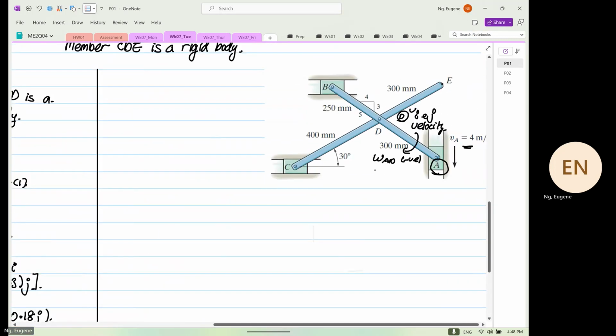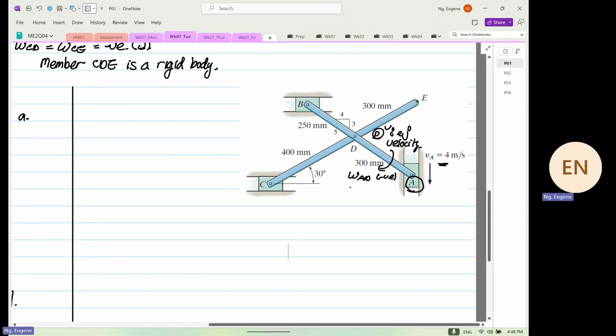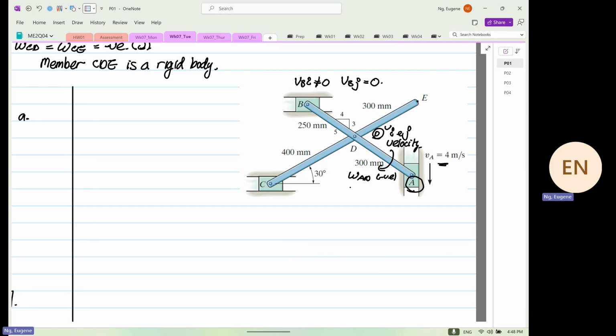So now the next point that we know is that VBI is not equal to 0, but we know that VBJ is equal to 0. And that is good news, it means we can form another equation.